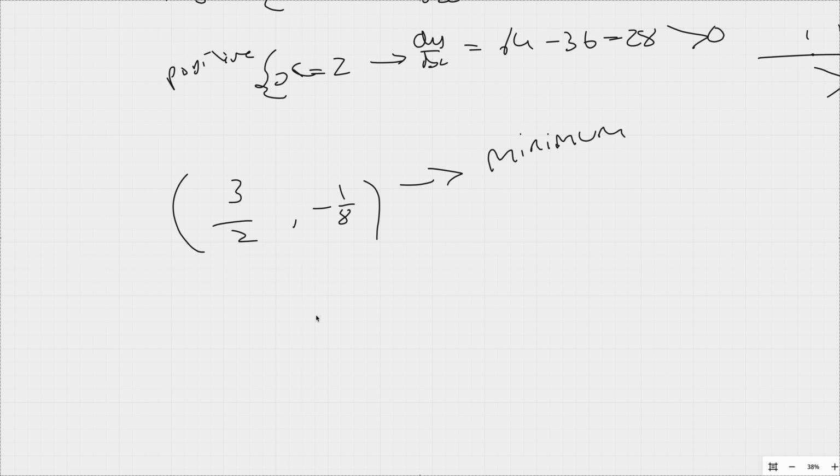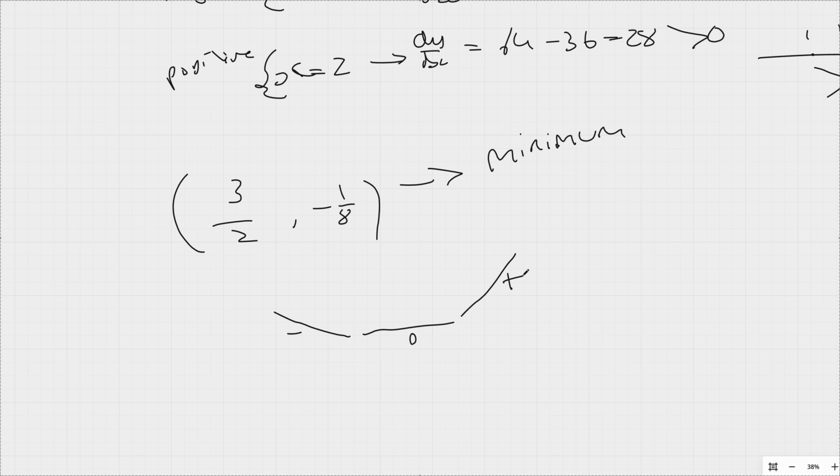We can see this as going down, negative, then the stationary point, 0, because at the stationary point, this is basically when x is 3 over 2, and then positive, which will all add up to give you a minimum.